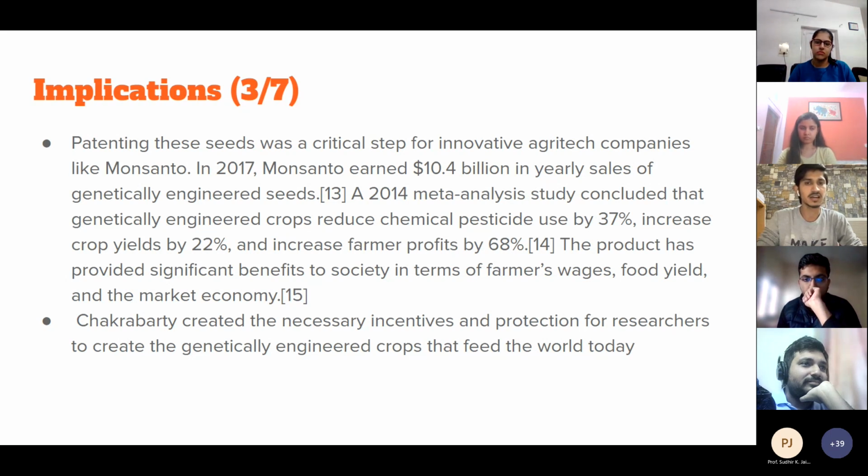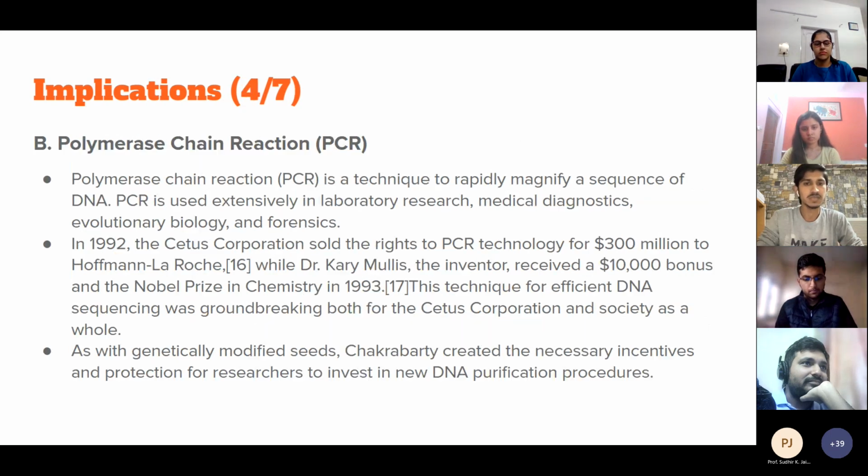So we can say that Chakrabarty created necessary incentives and protection for researchers to create genetically engineered crops that are feeding the world today.